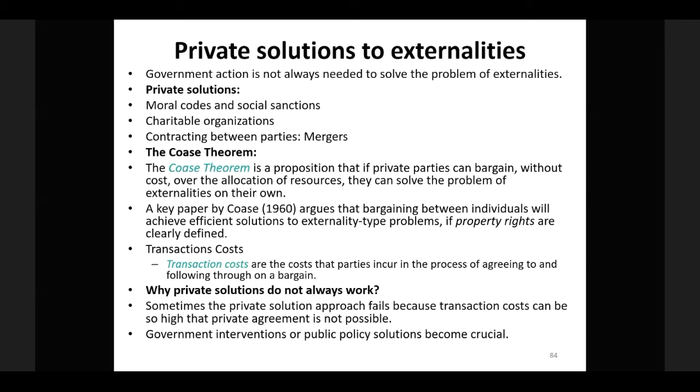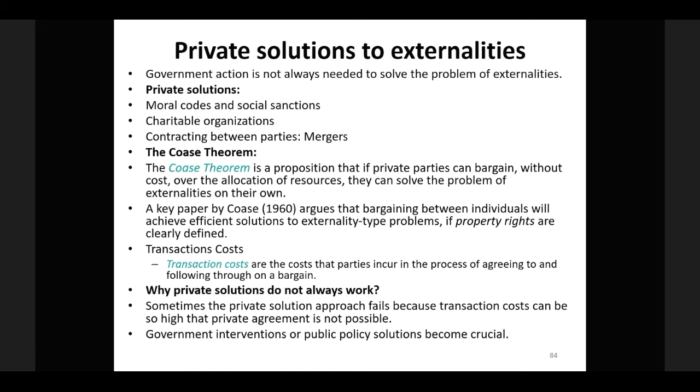So a number of private solutions are: one, we can have moral codes and social sanctions for enforcing that the externalities are not created. For instance, an example of enforcing social sanctions is if you live in an estate, sometimes sanctions are imposed on dumping of rubbish at inappropriate places, because that creates externality.